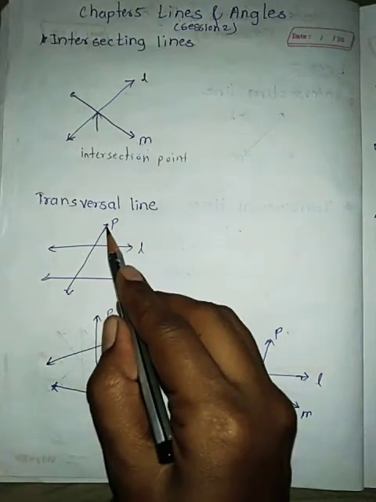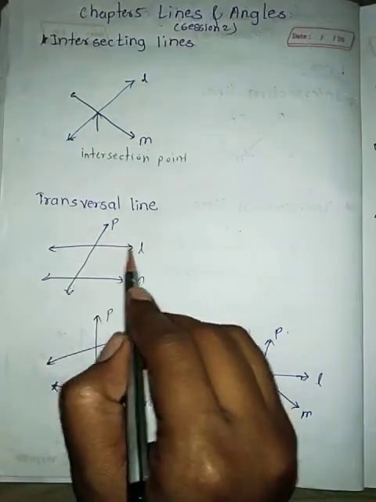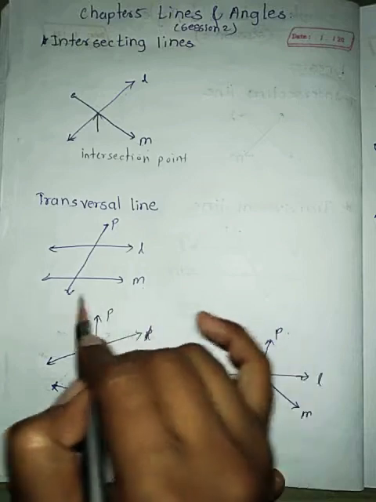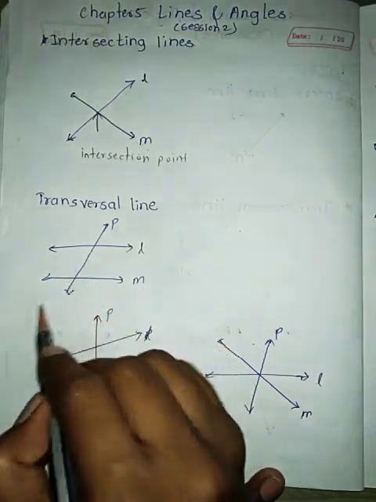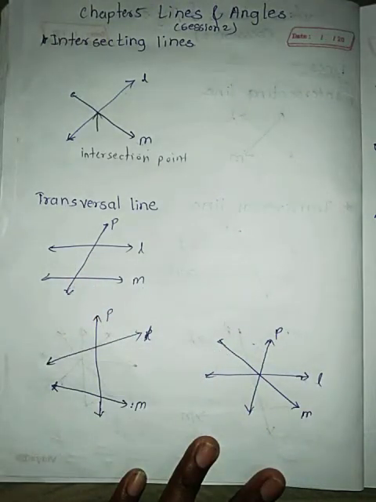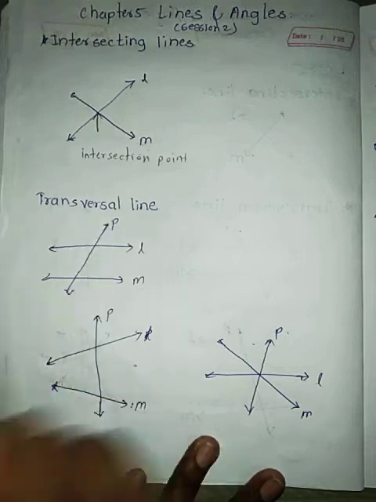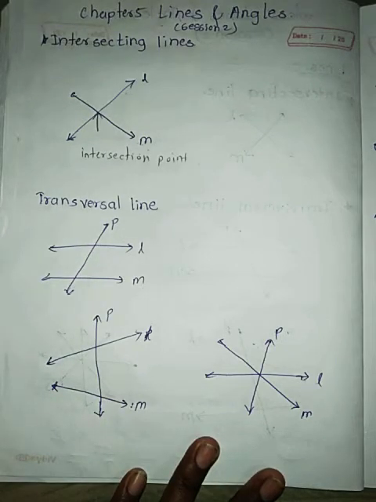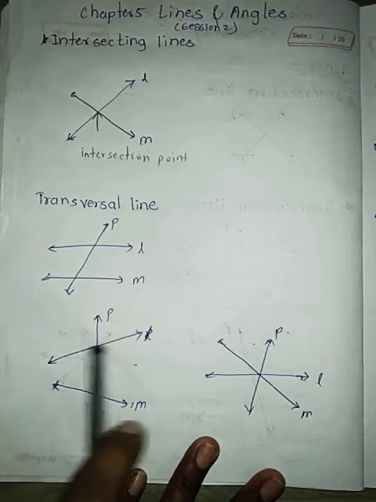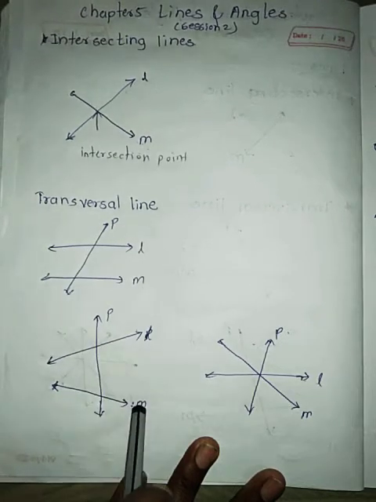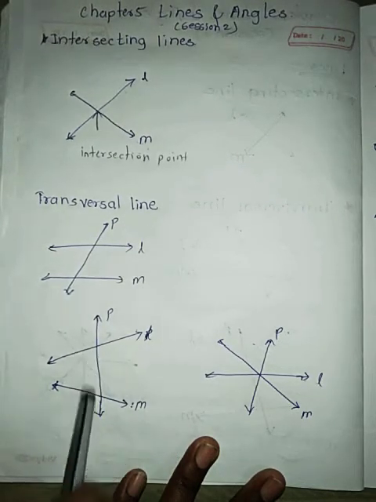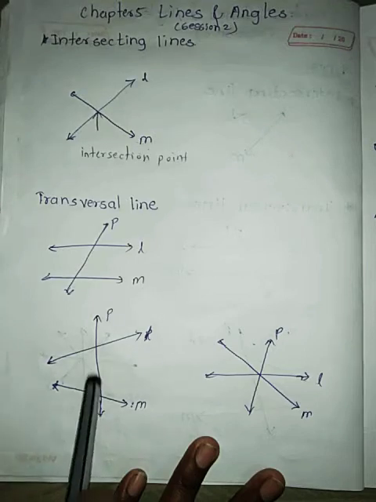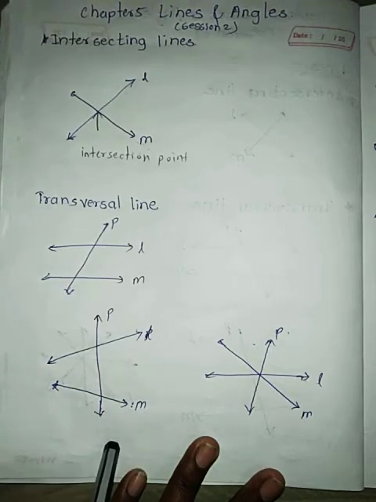See here, P is a line which cuts the lines L and M at two different points, so P is called a transversal line of L and M. See here also, P cuts L and M at two distinct points, two different points. Then this P is a transversal line.